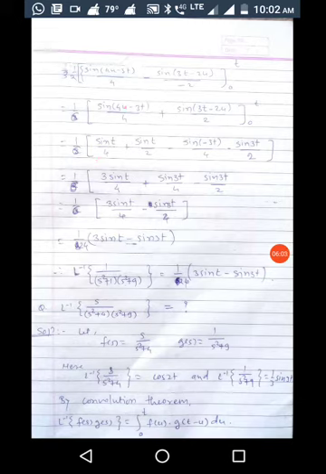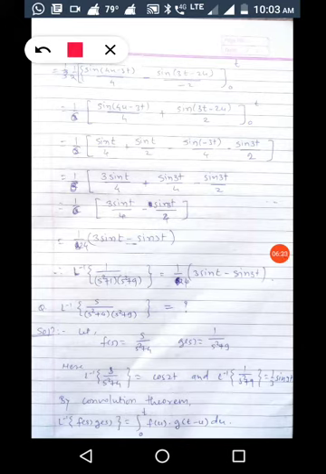As sine is an odd function, sine minus 3t is equal to minus sine 3t. And here sine t by 4 plus sine t by 2 is nothing but 3 sine t by 4. Here it is plus sine 3t by 4 minus sine 3t by 2. So it reduces to 1 by 6 into 3 sine t by 4 minus sine 3t by 4.